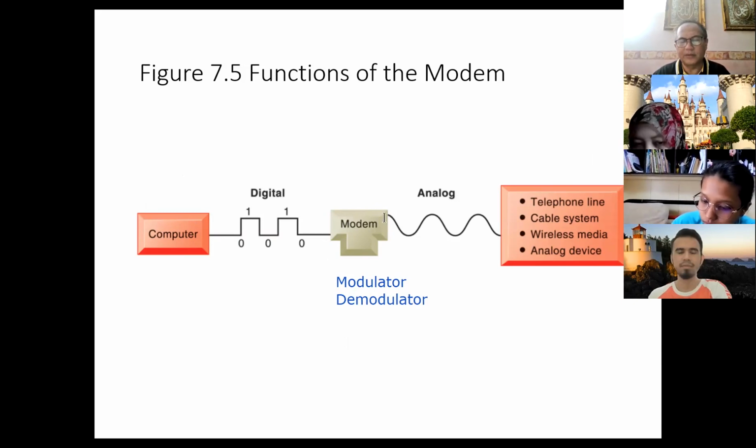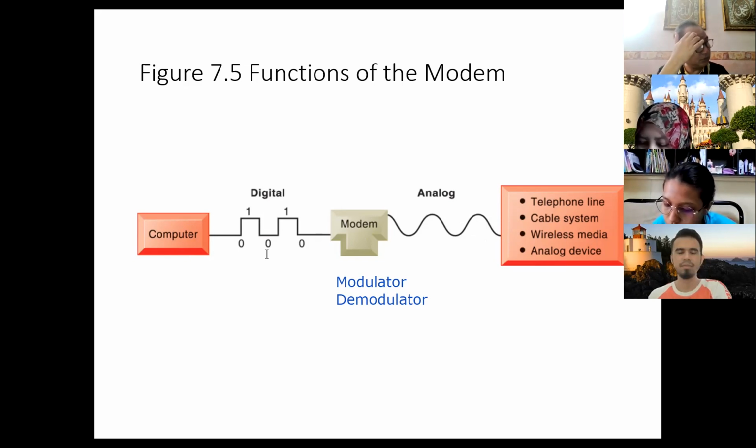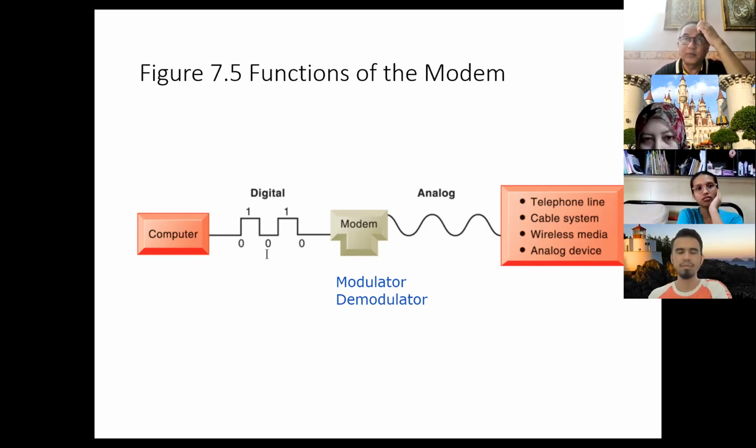It translates to analog, and signals from the telephone line, analog, are converted to digital for the computer usage. Today, a lot of people use wireless, and we also use Unifi, where the signals come in digital. You don't require a modem to modulate and demodulate signals anymore.